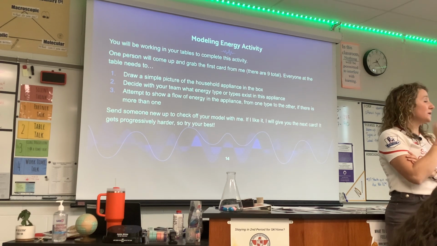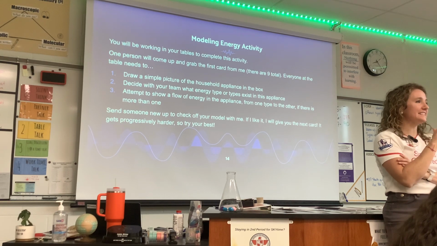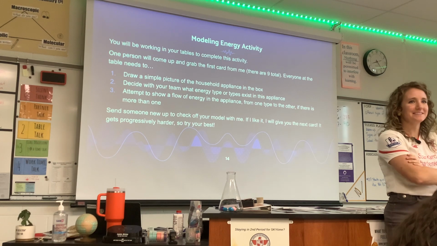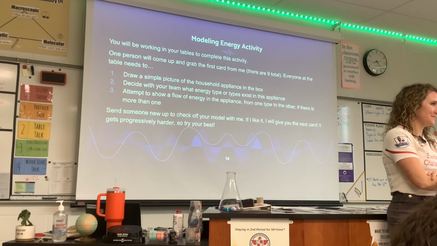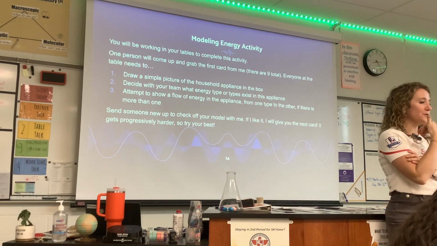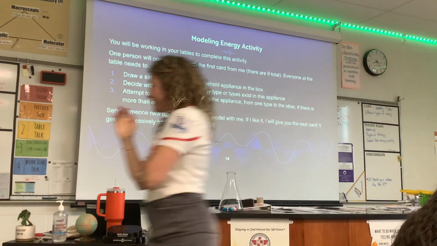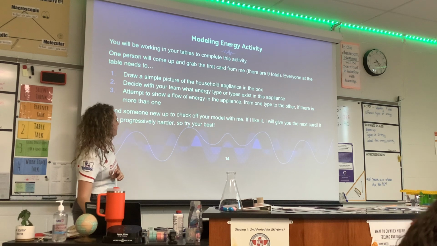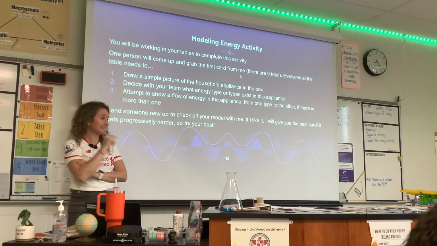Okay, so what's going to happen is there are 9 different household items that I have in picture form. As a group, you are first going to draw a very simple picture of what the item is in the box. It could be more complicated if you want, but very simple is fine.